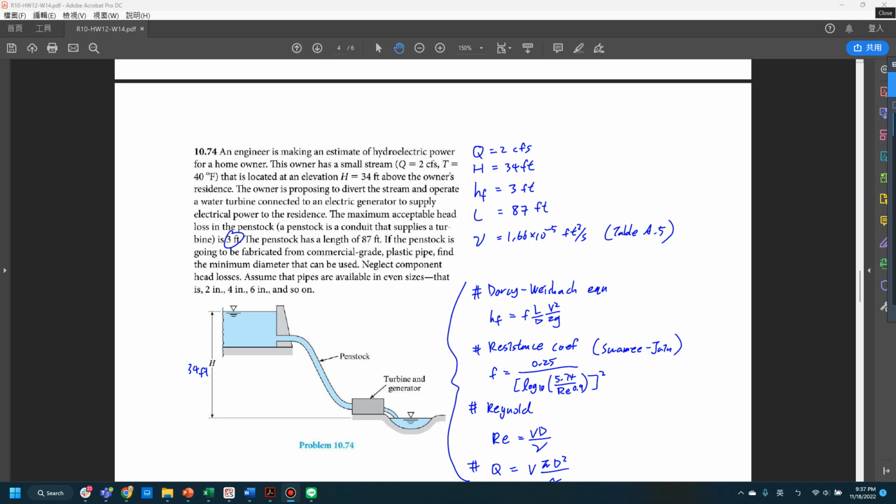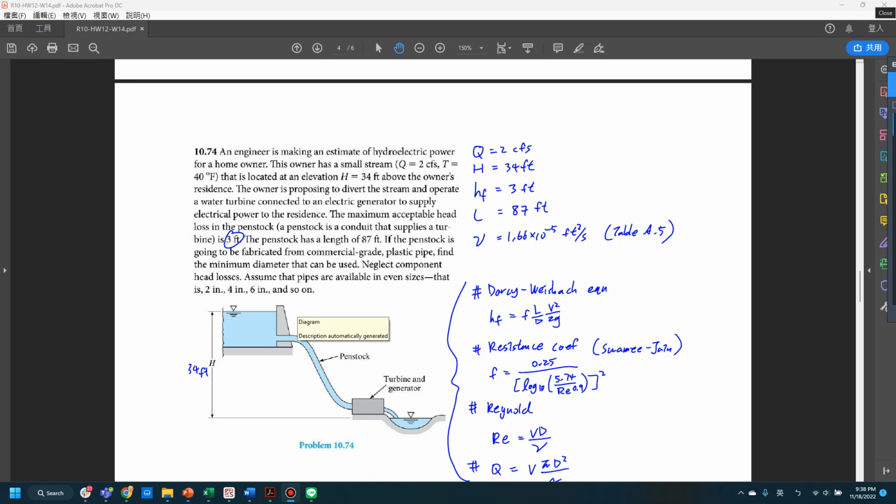The flow rate needs to be 2 CFS. H, which is the height of the upper reservoir, is equal to 34 feet, and the friction head is equal to 3 feet. The length of this pipe is 87 feet, and the viscosity is equal to this number. Again, according to Table 8.5, you can find the corresponding viscosity number there.